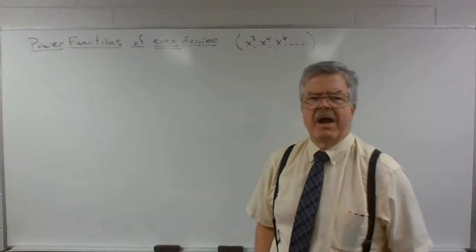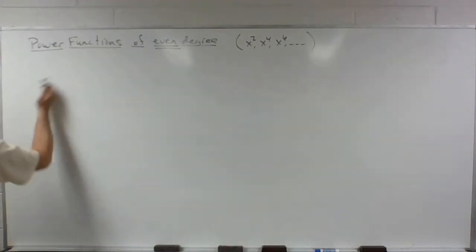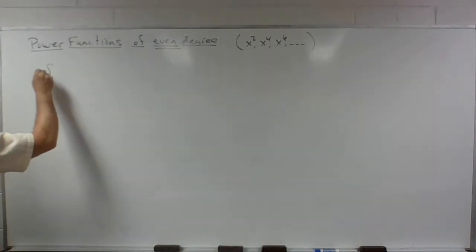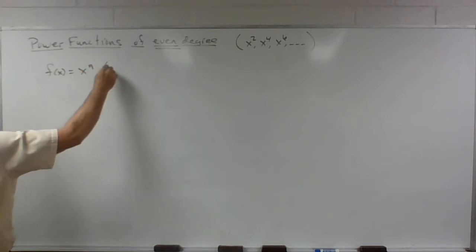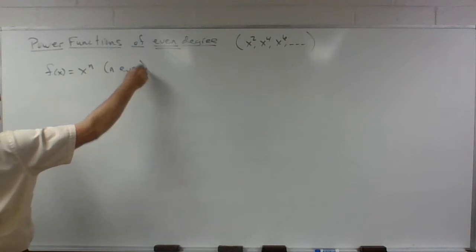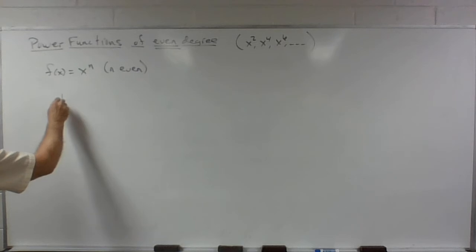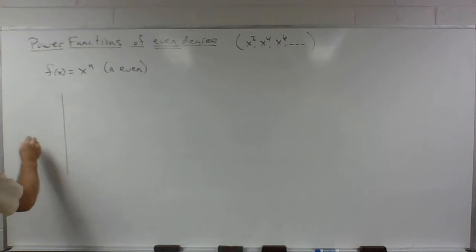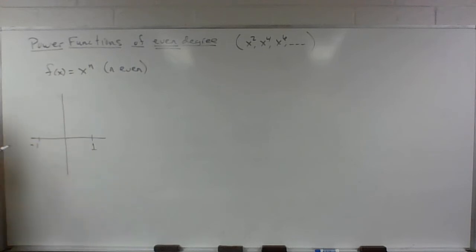First, let's look at power functions of even degree. And we'll consider the graph of f of x equals x to the n, where n is an even number: 2, 4, 6, 8. And what does the graph look like? Well, let's not forget our old friends, -1, 0, and +1.